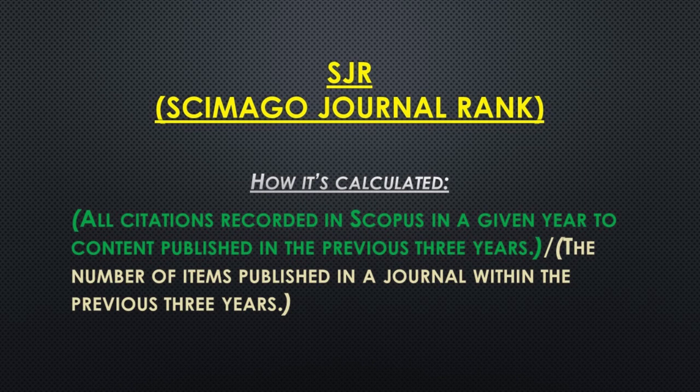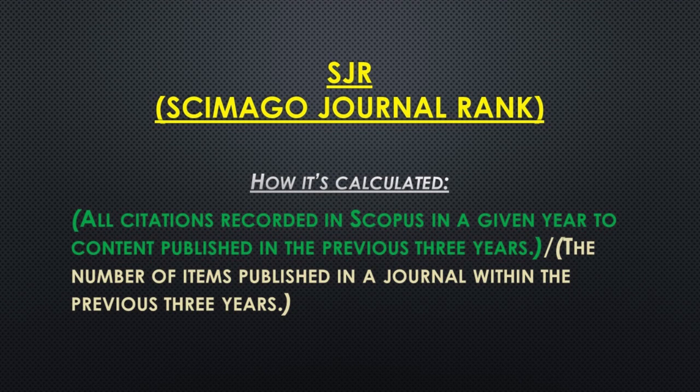SJR, Scimago Journal Rank. The SJR aims to capture the effect the subject field, quality, and reputation of a journal has on a citation. It looks at the prestige of a journal by considering the sources of citations to it, rather than counting all citations equally. Each citation received by a journal is assigned a weight based on the SJR of the citing journal.